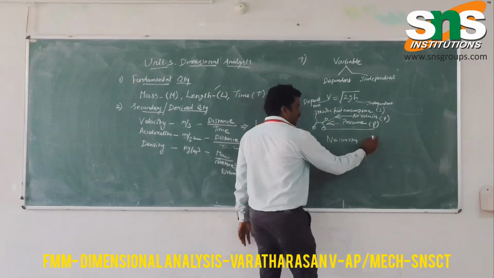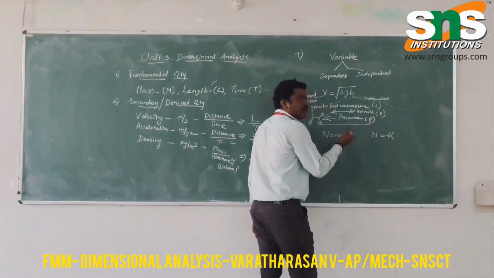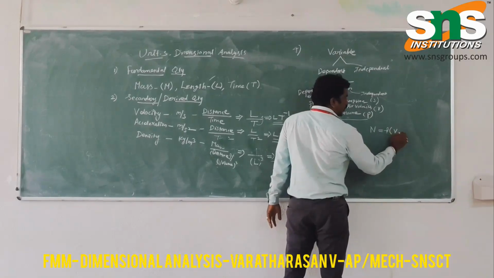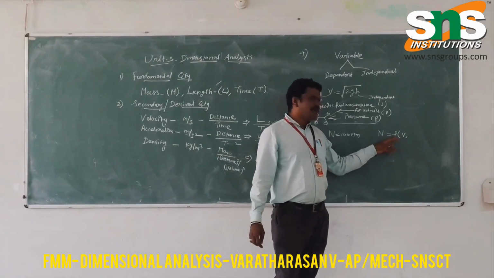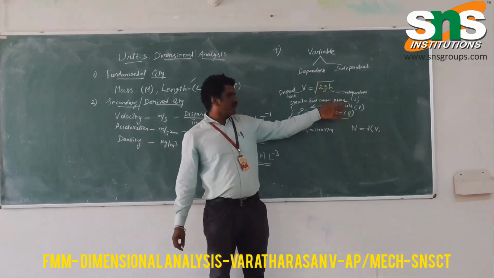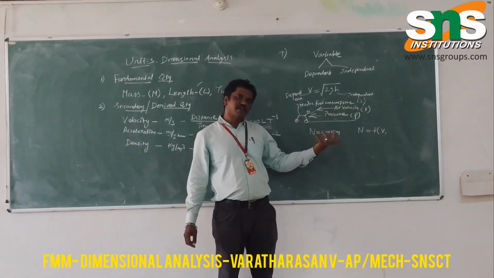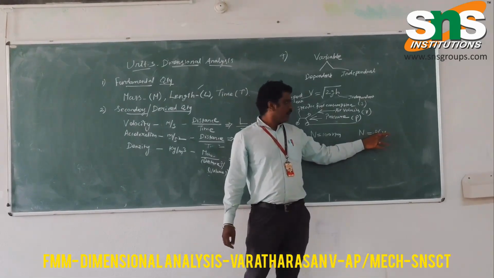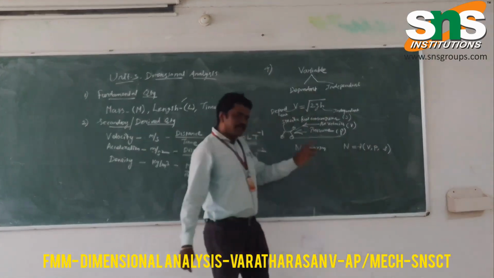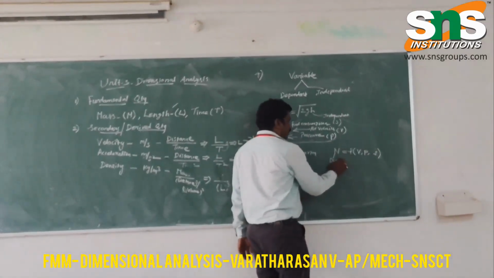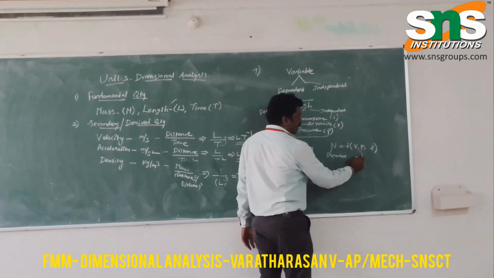Did you get my point or not? So the point is what? N is equal to a function of the variables combined here: velocity, pressure, and specific fuel consumption. These are all the factors which impact the particular vehicle. Due to these factors, the vehicle speed can vary. So here n is the dependent variable, and the velocity, pressure and specific fuel consumption are all the factors. They will be called what?